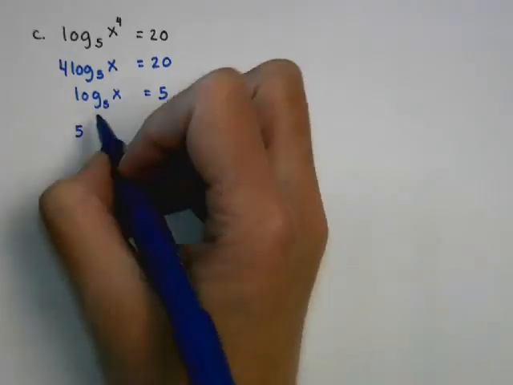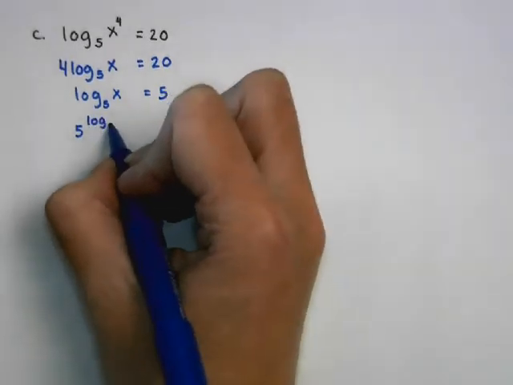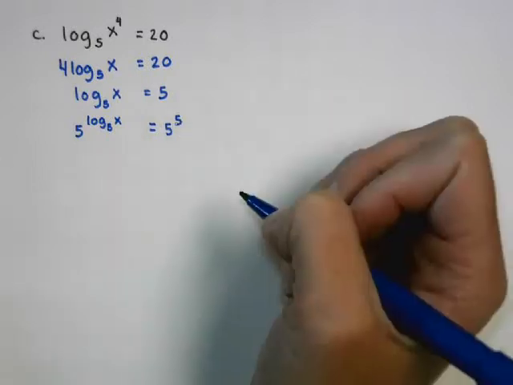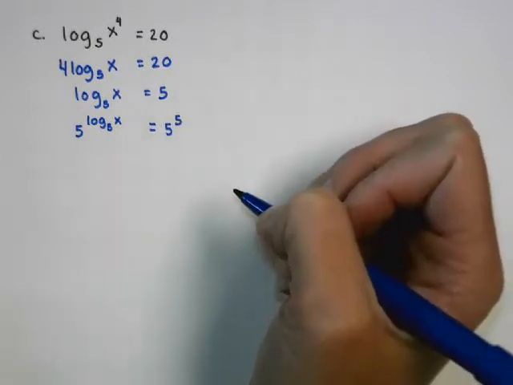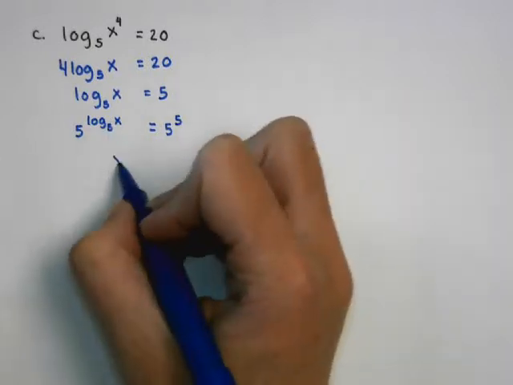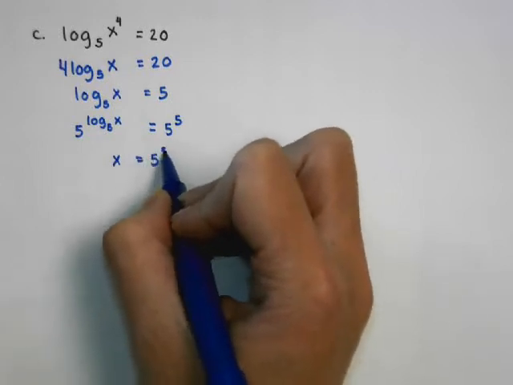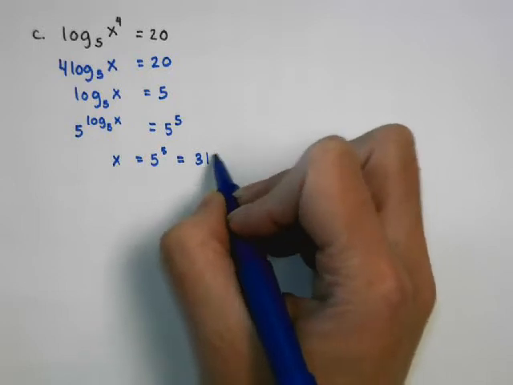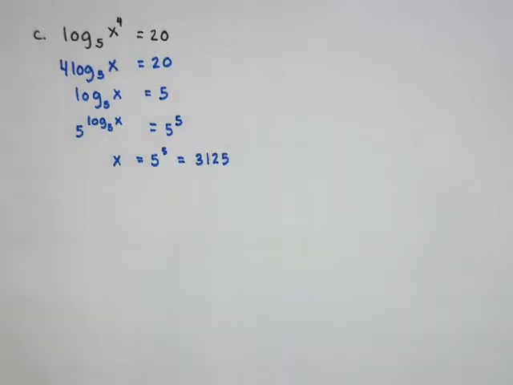In this case, that's 5. So x is going to equal 5 to the 5th, which is equal to 3,125.